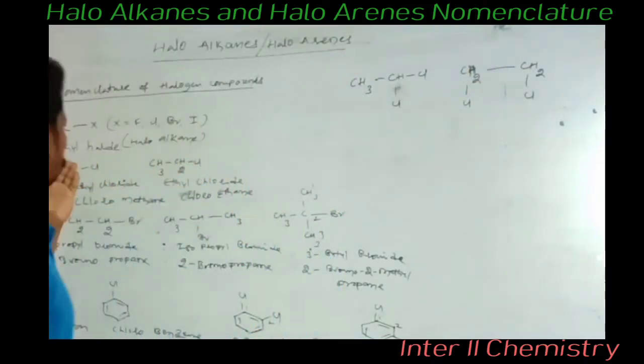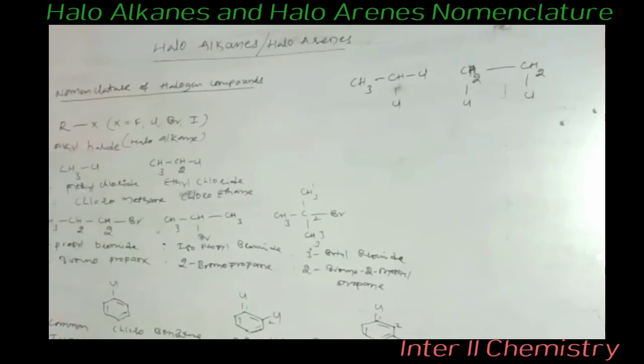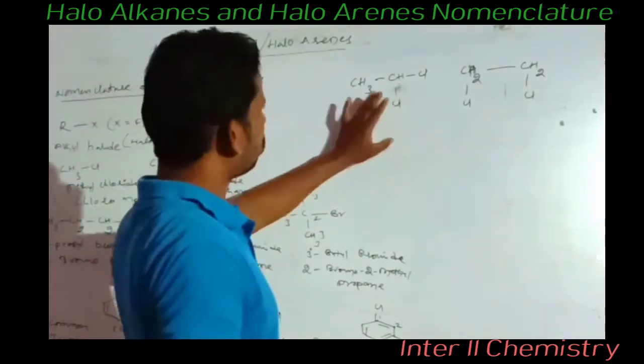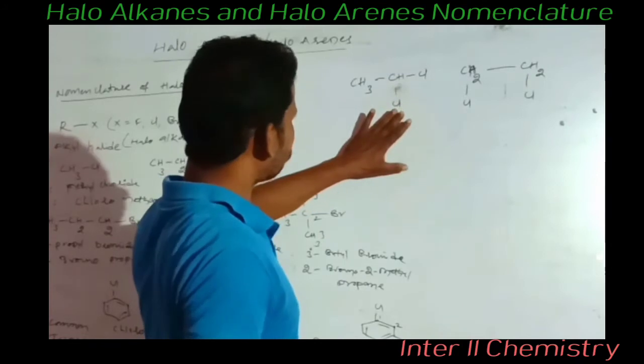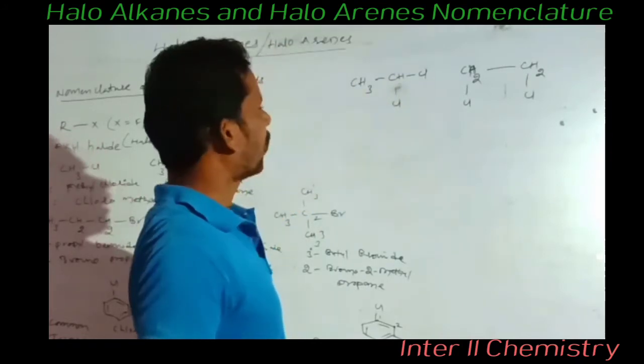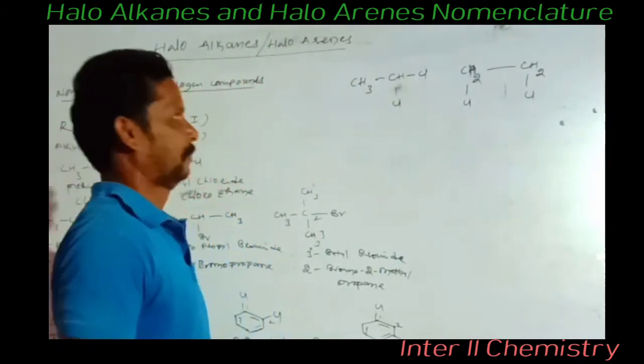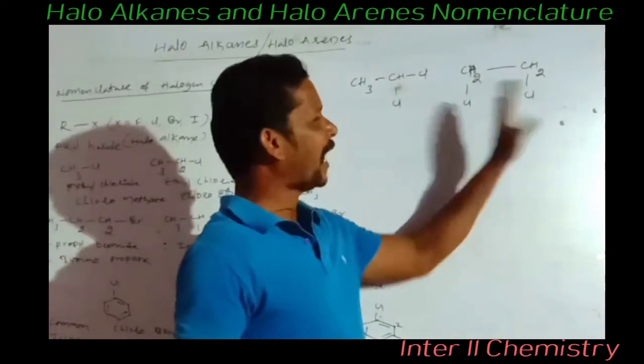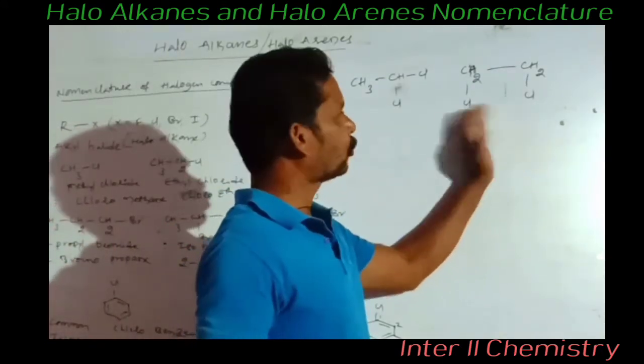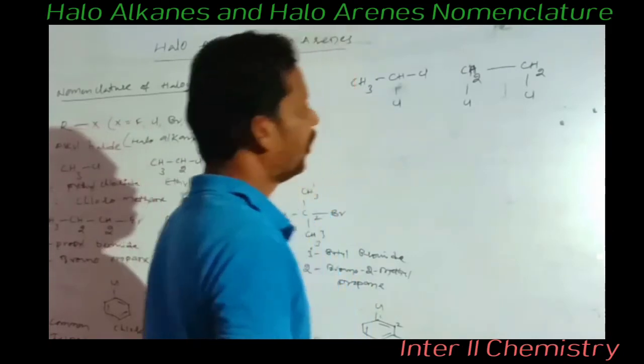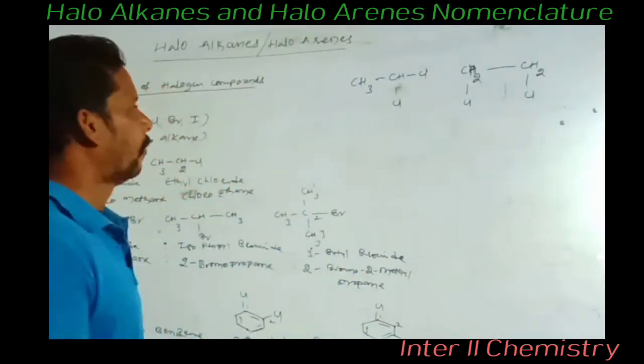According to the common method, if it is a monohalogen compound, we write it as an alkyl halide. But here two halogen atoms are present on only one carbon. It is called a gem. If the two halogen atoms are attached to adjacent carbons, that is called vicinal. It is a common method.